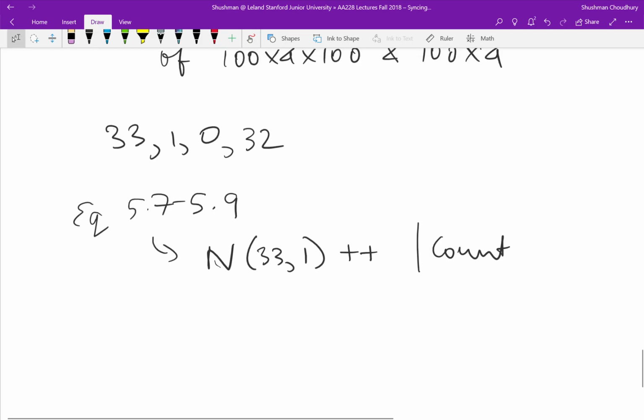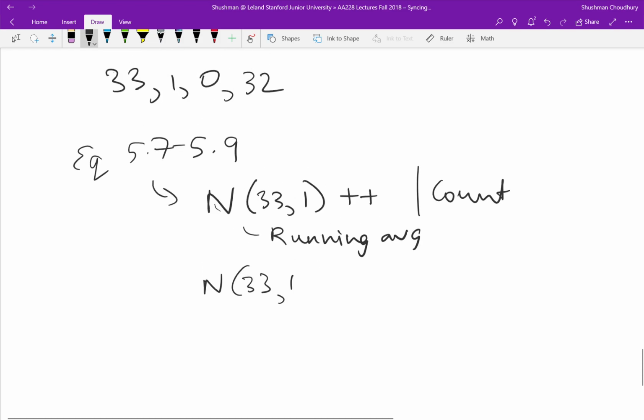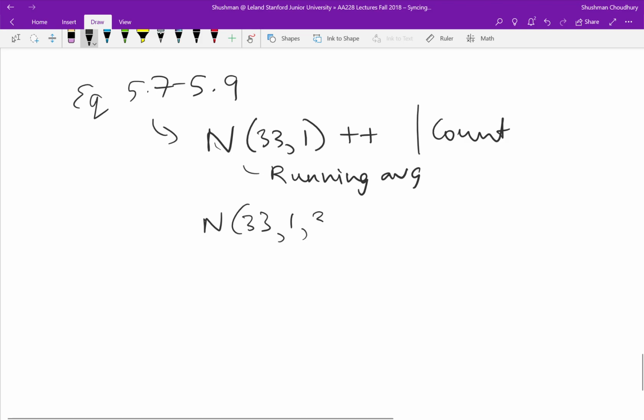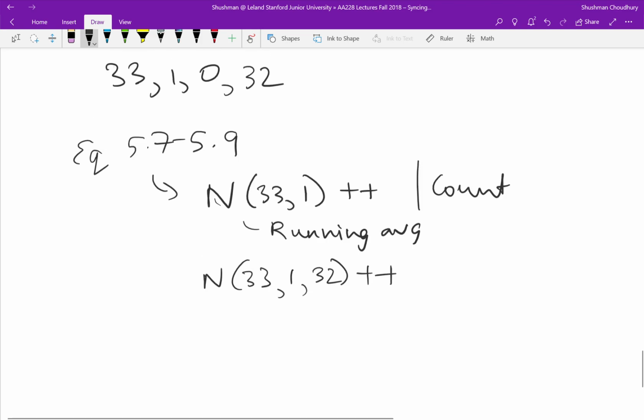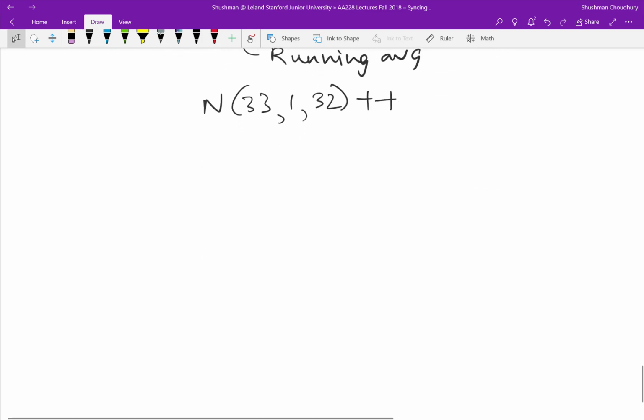You could have this in a separate array. You could do a running average. Because you also need to increment n 33 1 32 plus plus, right? So because you've seen 33 1 and you've seen 33 1 32, you increment those two counts.